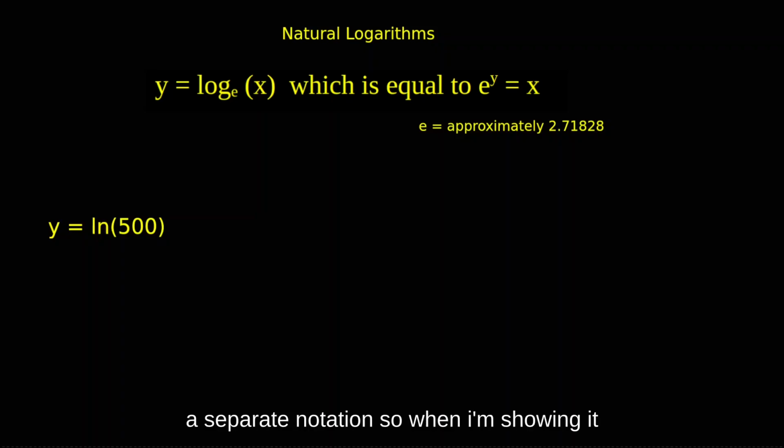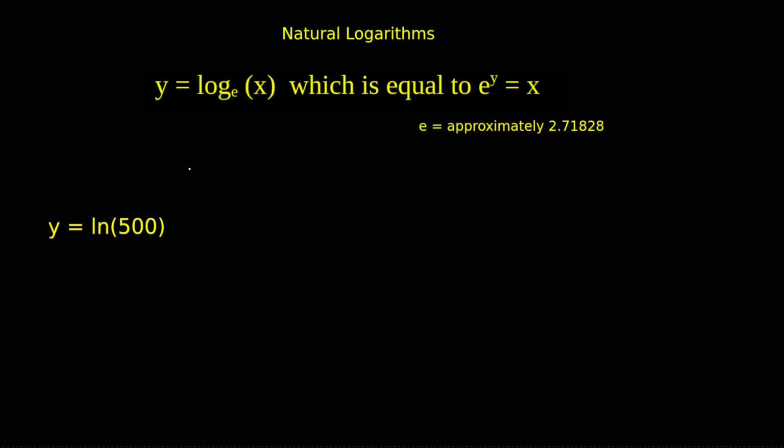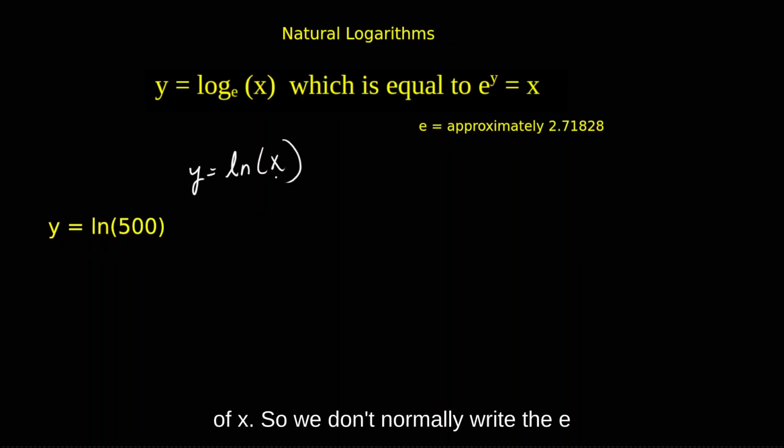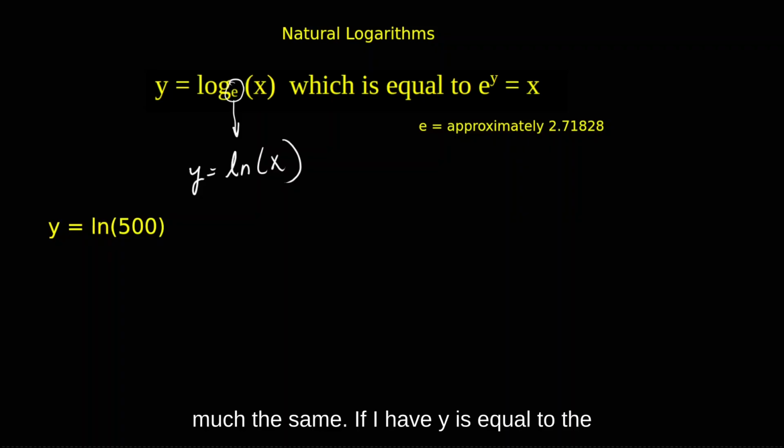When I'm showing it, I'm going to use ln of x. We don't normally write the e here, but we'll instead just write ln for natural log. Then everything else is pretty much the same.